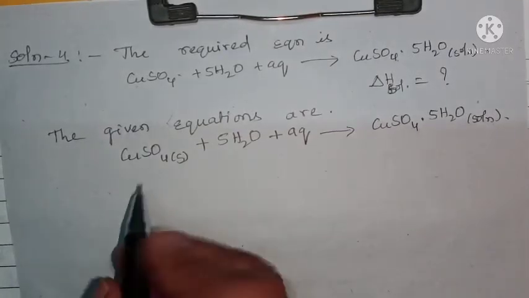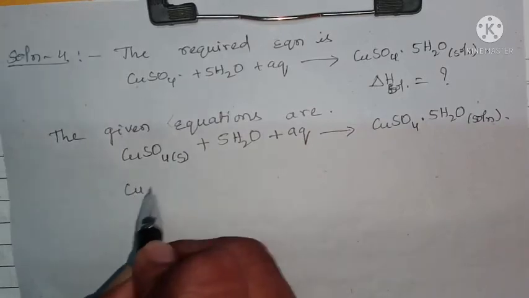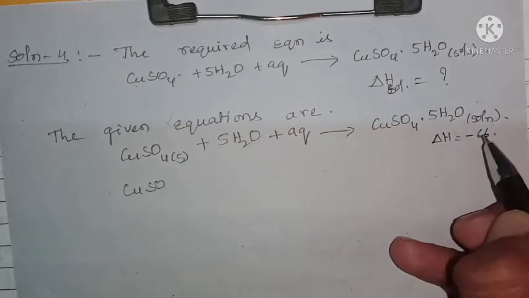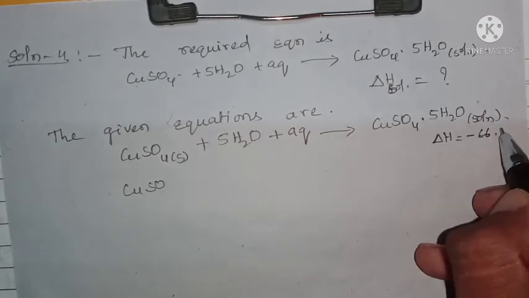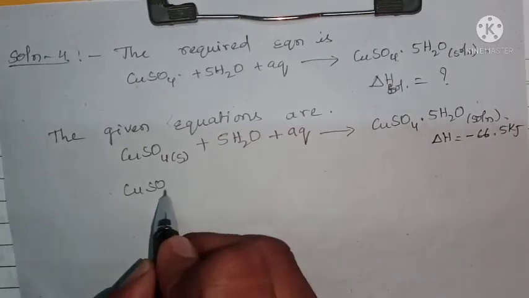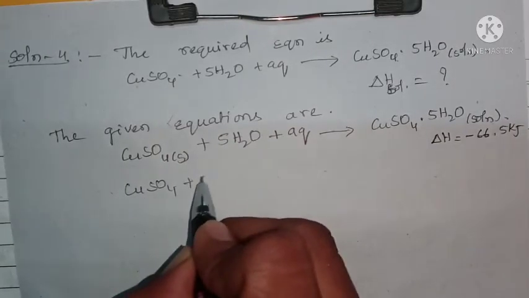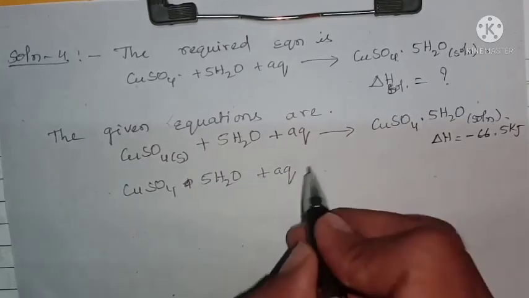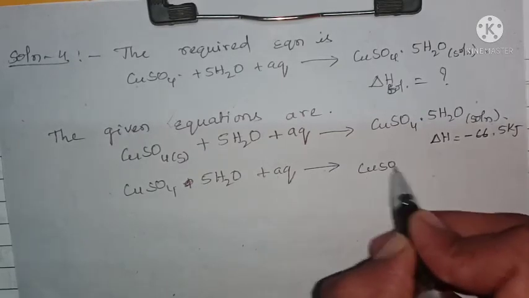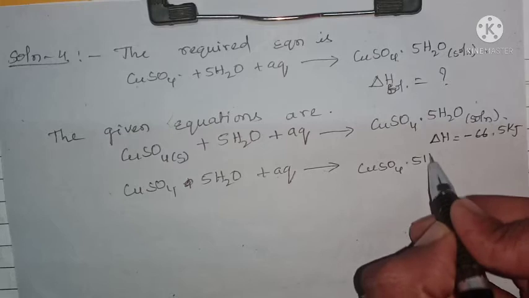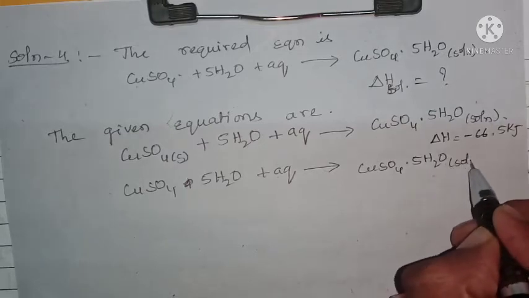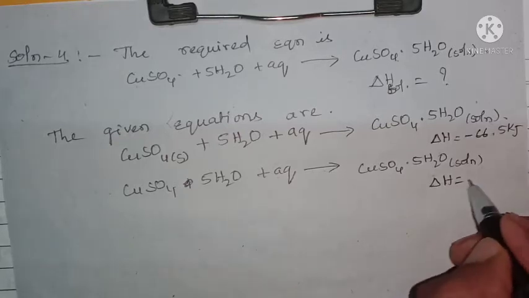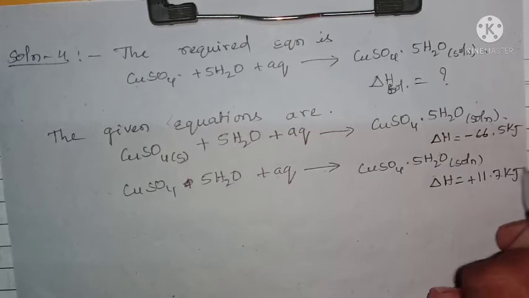Here the delta H value is equal to minus 66.5 kilojoules. The second equation: CuSO4·5H2O, that is hydrated copper sulfate, in an excess amount of water gives CuSO4 solution. During this, delta H is equal to plus 11.7 kilojoules.